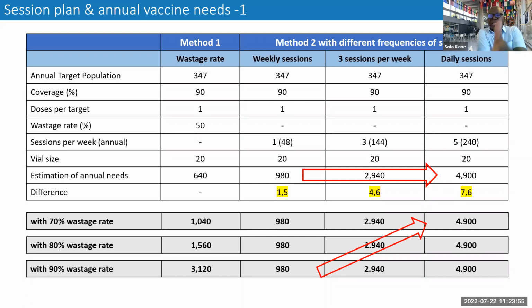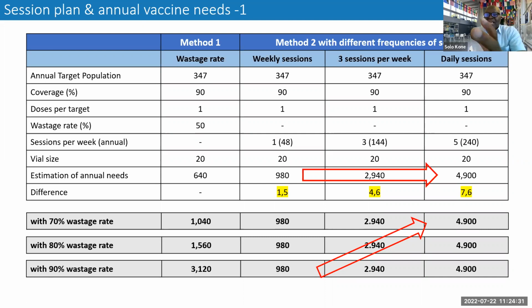The first is a weekly session, so one vaccination session a week. The second is 3 sessions in the week, and daily is 5 sessions in the week, all the days. And you can see that the estimated annual need increases dramatically, up to 7.6 times the first method that used a 50% wastage rate. You can see here, for weekly sessions, you have 980 doses for the same facility.